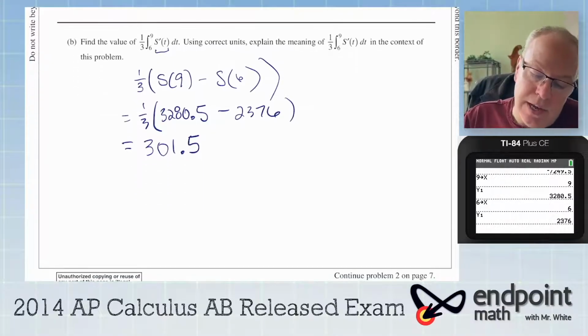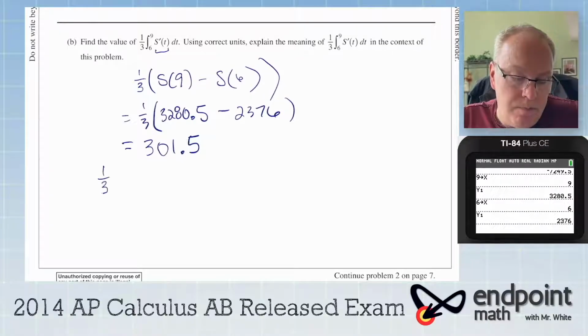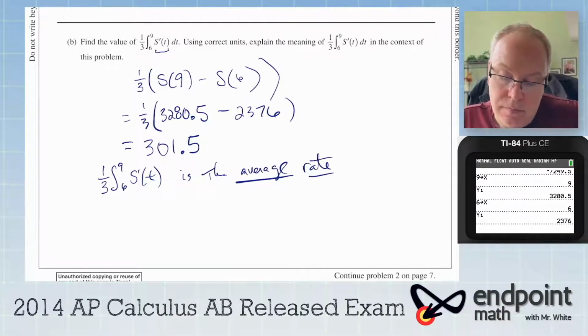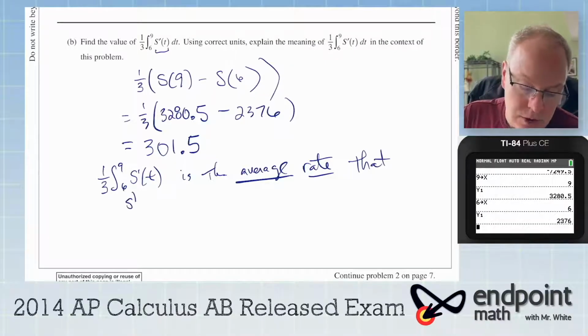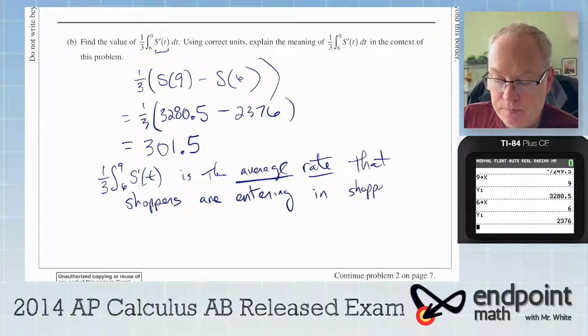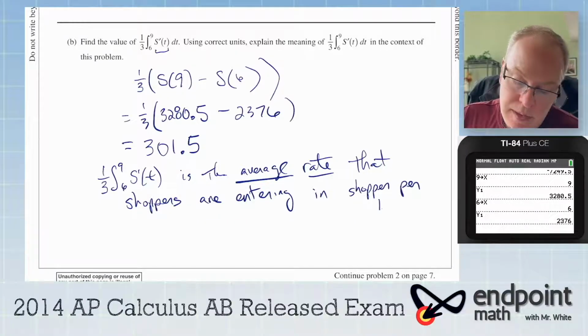Using correct units, explain: 1/3, the integral from 6 to 9 of this rate function is the average rate that shoppers are entering in shoppers per hour.